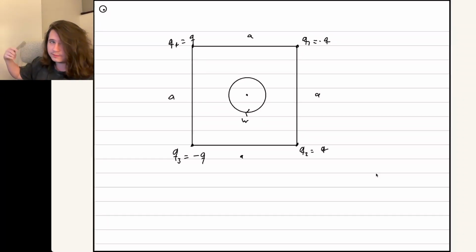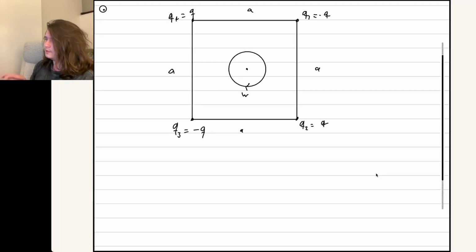And the square is rotating around on its axis with a frequency omega, and then we need to calculate the quadrupole moments as well as the radiation fields in the far zone, as well as the transmitted power. So, let's just get into it.